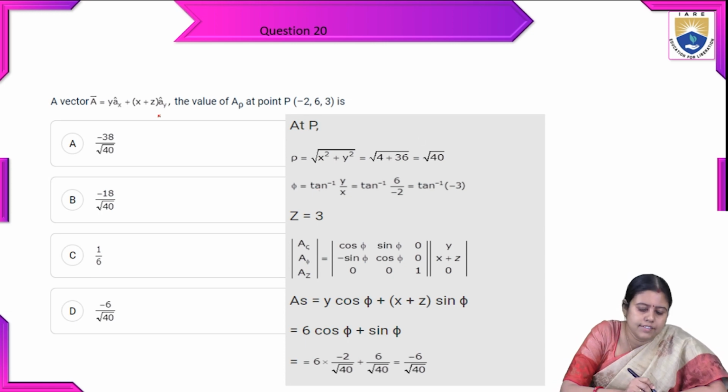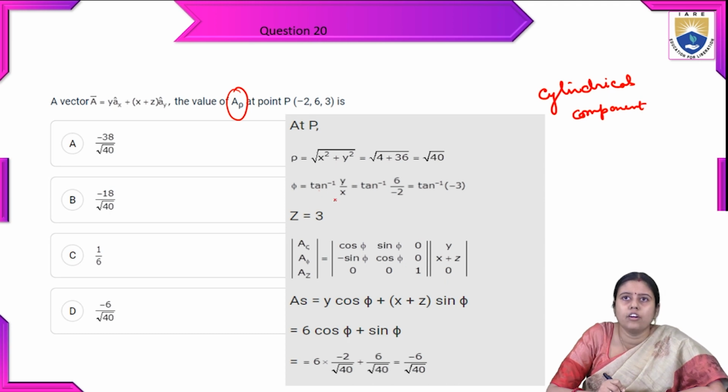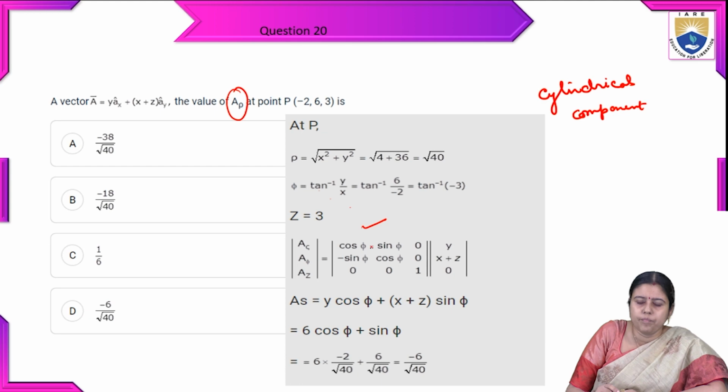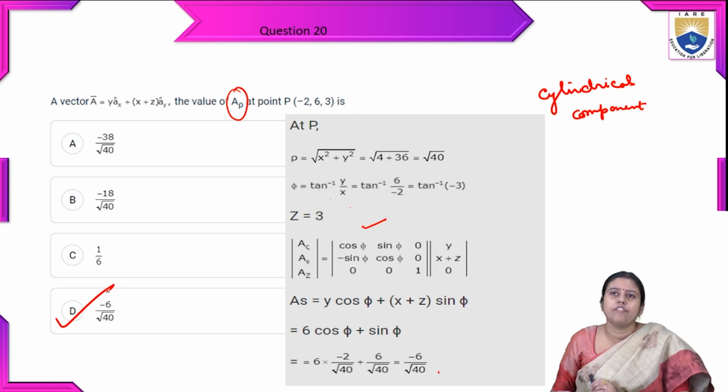As we can see, the equation asks for the a rho component. A rho is nothing but a cylindrical component. So phi is equal to tan inverse y by x and z is equal to 3. So if we put the values, we will get minus 6 by root 40.